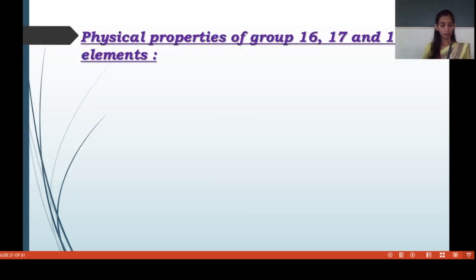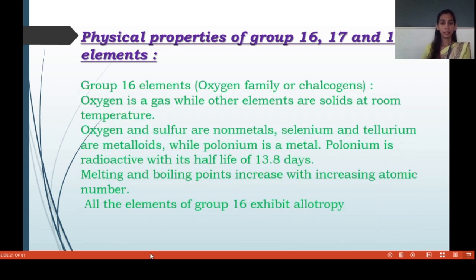Now the next point is the physical properties of group 16, 17 and 18 elements. Group 16 is our oxygen family. Oxygen, we know, is in the state of a gas, while the other elements remaining are solid at room temperature.